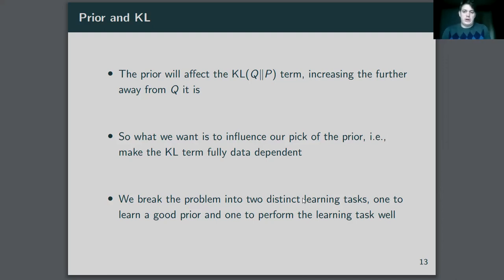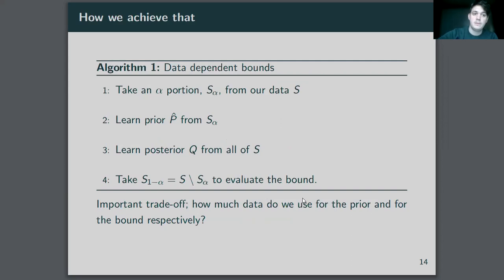So how we do this is we'll break it into two parts, essentially. We will start to learn how to pick a good prior, and then we will perform the actual learning task and then evaluate the performance bound after that. We achieve that by using this algorithm, which is by the work of Dziugaite et al. recently, where, as I said, you take a portion of your data as alpha, and you learn your prior from that. So you use data and train a classifier to be better, and therefore understand, oh, that's the prior I want, somewhere around this.